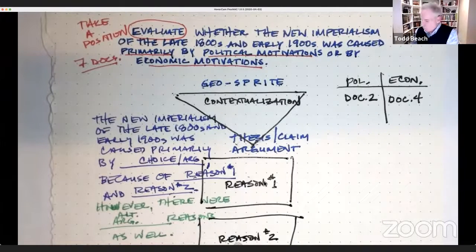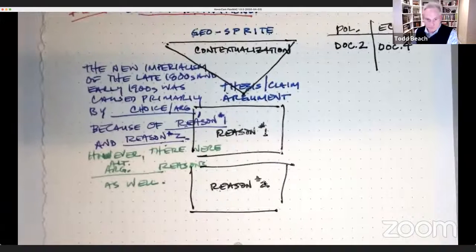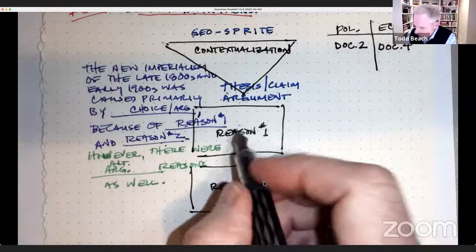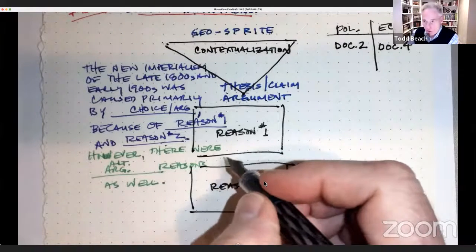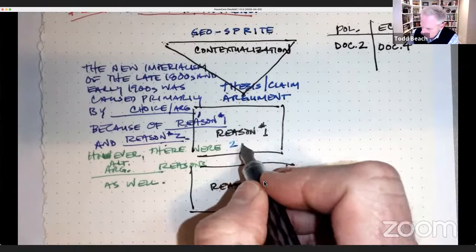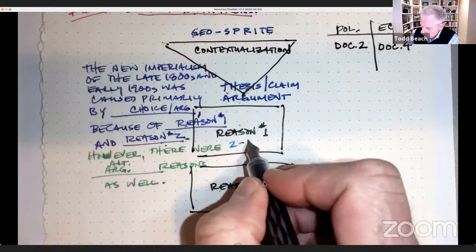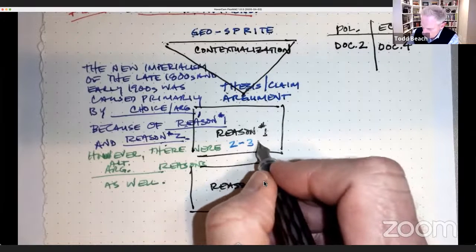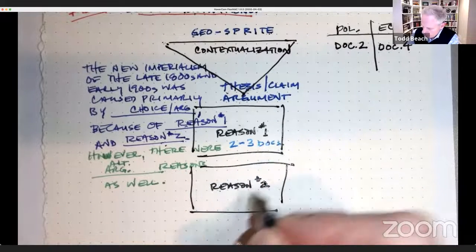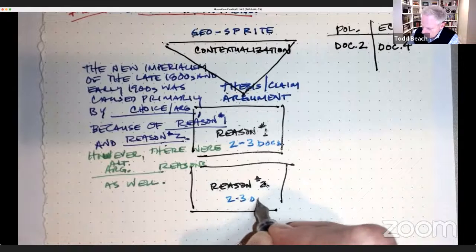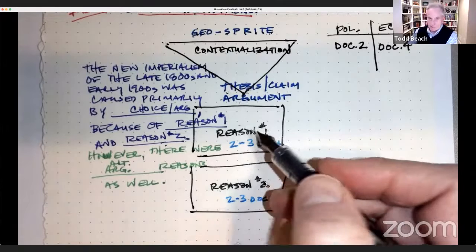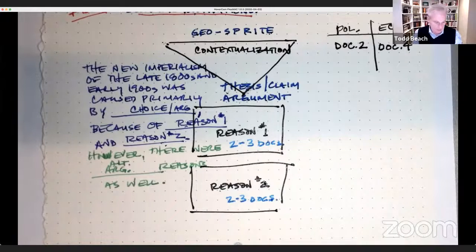And then with these reasons, you're going to want to use, obviously, the documents to support your reasoning. And because, as Katie put it out on the rubric, we need to use 6 documents to get all of the document usage and get that point. So use 2 to 3 documents here, 2 to 3 documents here as evidence to support the reason that you're identifying.